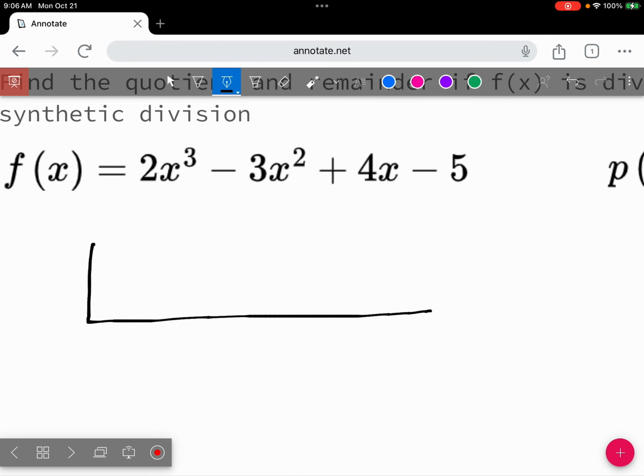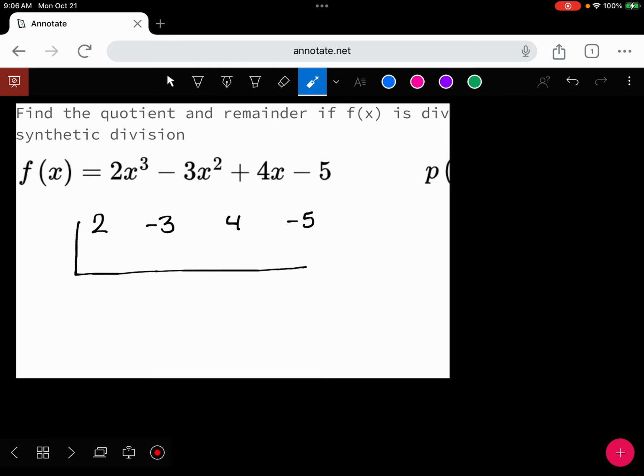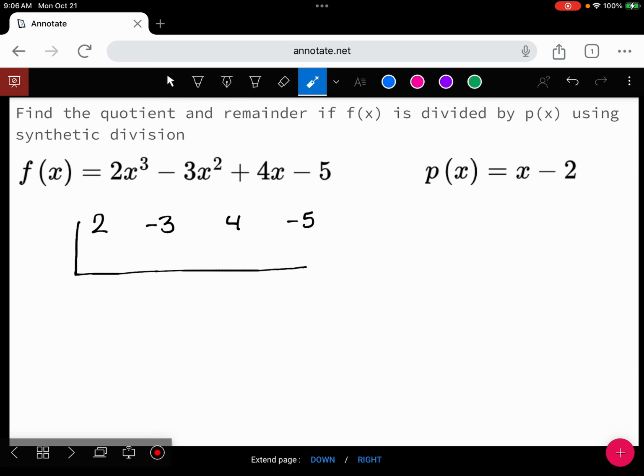What are my numbers that are going to go across the top? 2, -3, 4, -5. We take just the coefficients, no letters. If we are dividing by x minus 2, what's going to go over here? Positive 2. It is the root we would get from that.